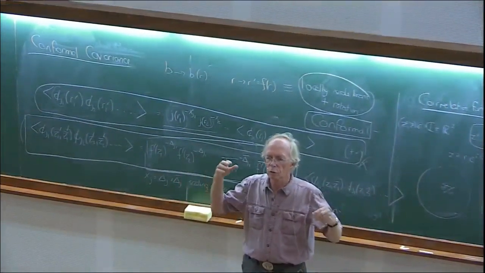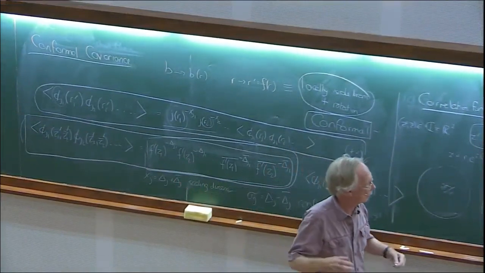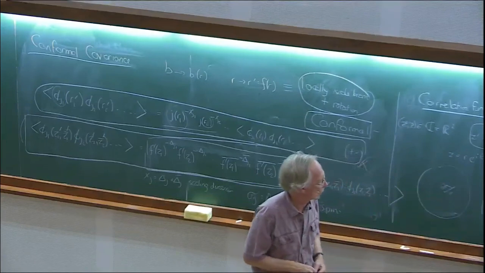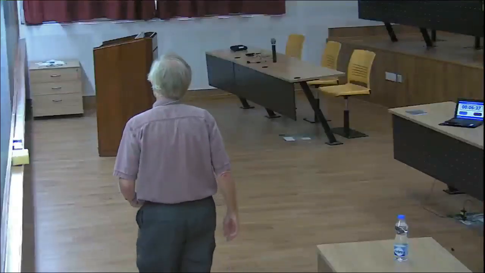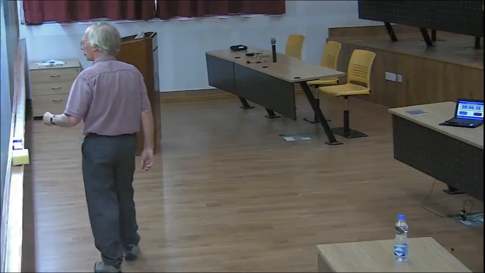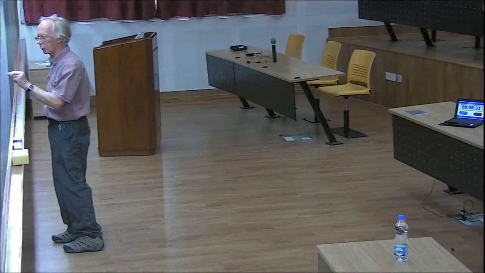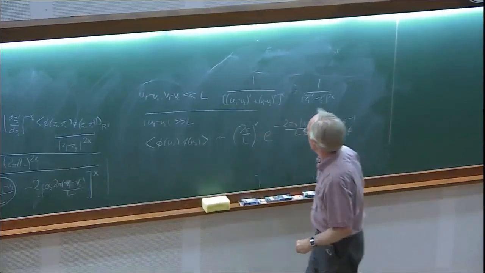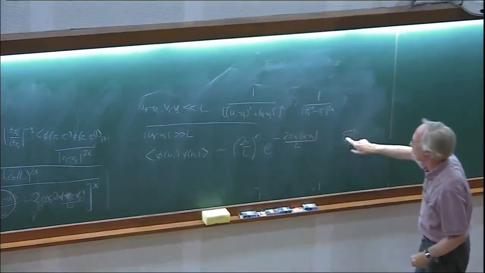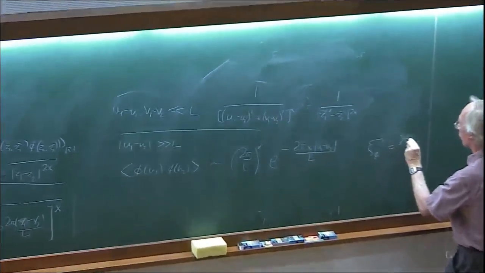There is no critical point in one dimension, so everything decays exponentially, and that's what we actually find. So things do decay exponentially with a correlation length, however, that depends upon which particular observable we are studying. And the inverse correlation length is this thing here, which is 2 pi x over L.